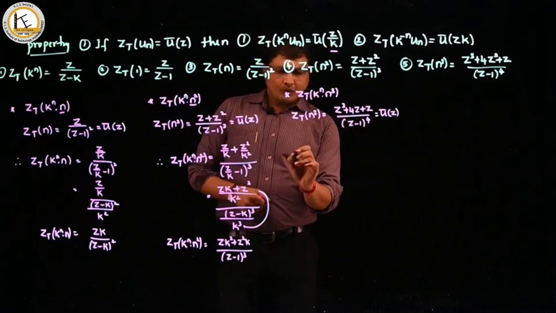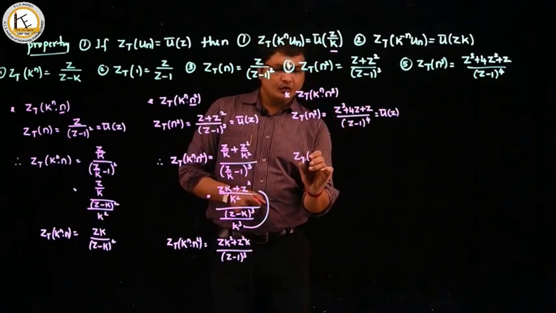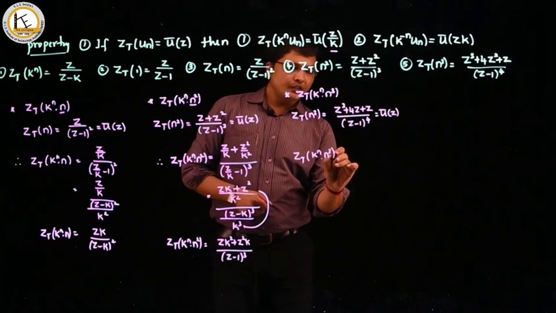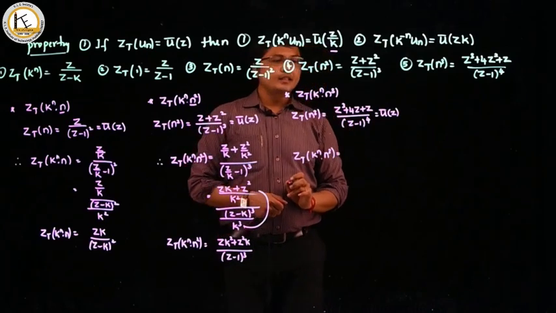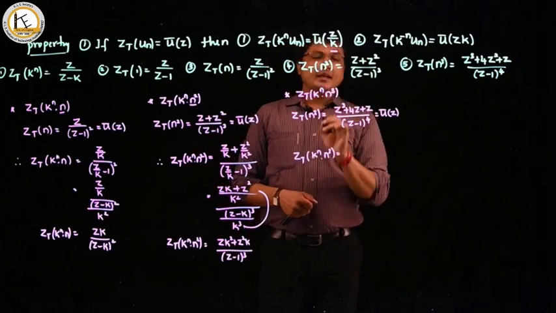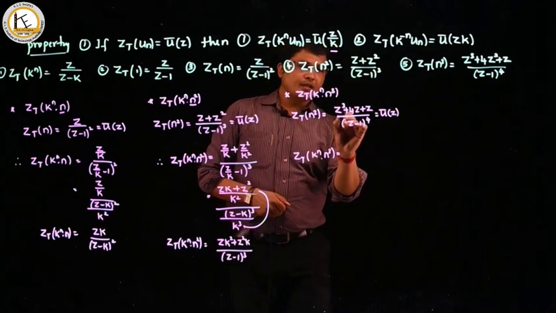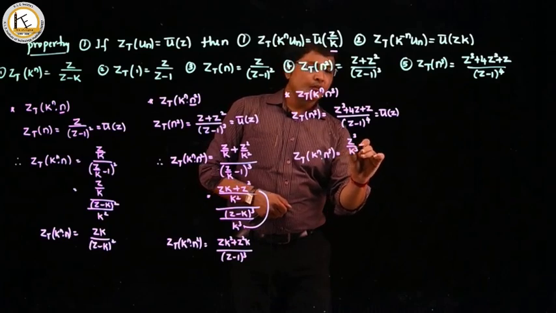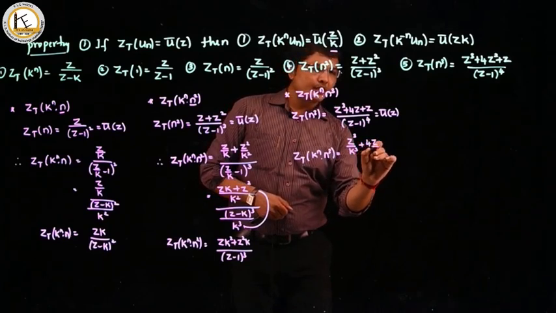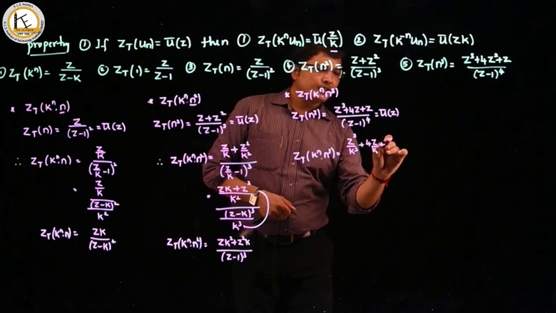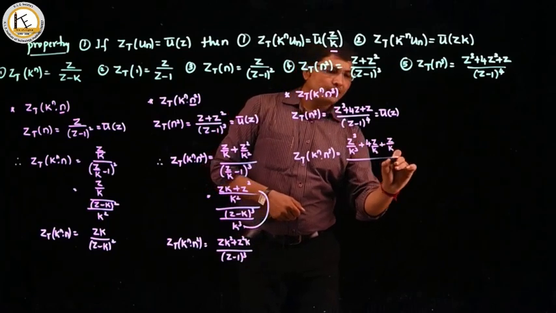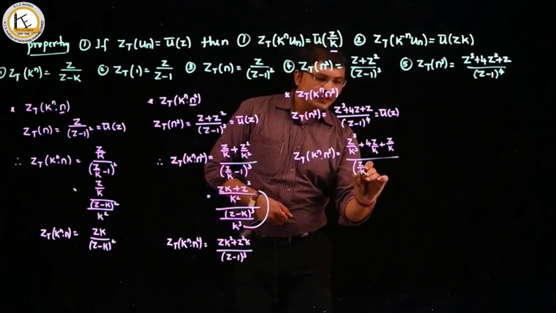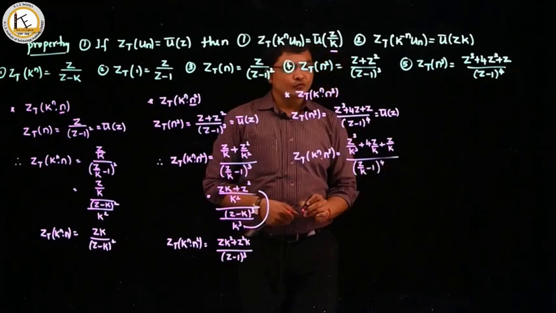Now to obtain the Z transform of k raised to n into n cube, we just replace Z as Z by k. So this becomes Z cube by k cube plus 4 into Z square by k square plus Z by k, whole divided by (Z by k minus 1) the whole raised to 4.